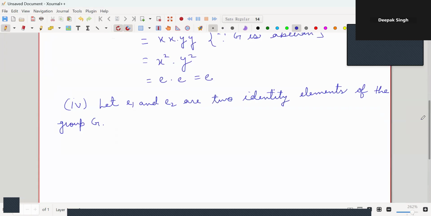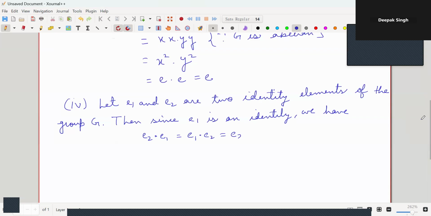Then since E1 is an identity, we have, using that E1 is an identity, E2 group composition with E1 is the same as E1 group composition with E2, and that is E2, right?